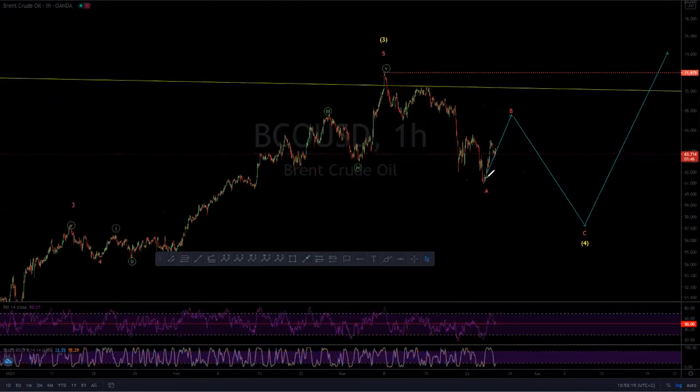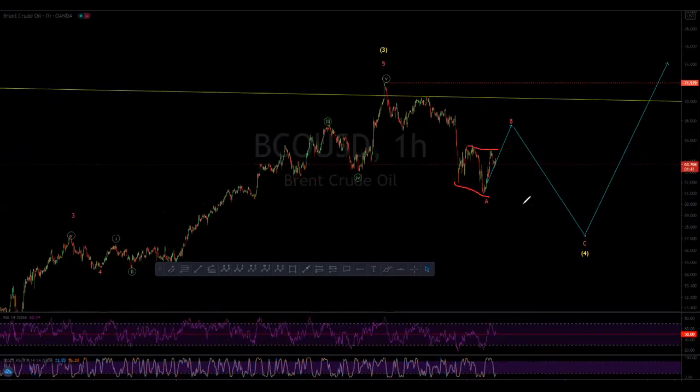This can still be a corrective structure like this, with this being a W, this being an X here, and then you have this move to the downside before a move higher. It can play out like that, or alternatively, what I'm looking at, this is what I'd love to see here. This here is a 1, 2, 3, 4, 5 as an A here, and we get this move to the upside here.